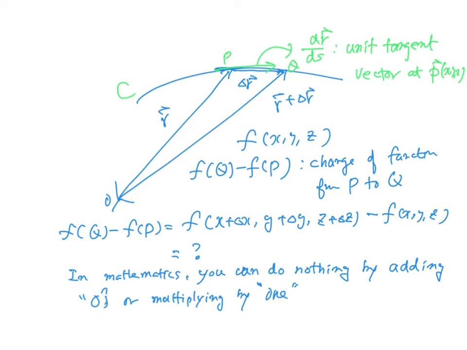So let's try f(x plus delta x, y plus delta y, z plus delta z) minus f(x, y, z), and see what happens if we add 0.